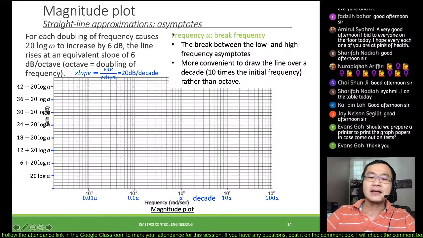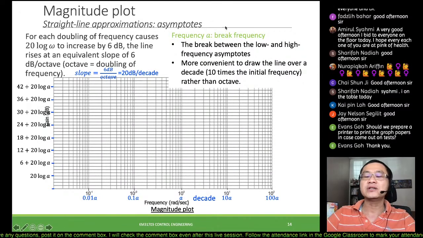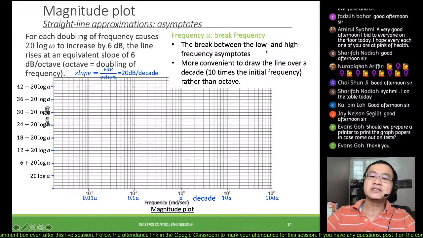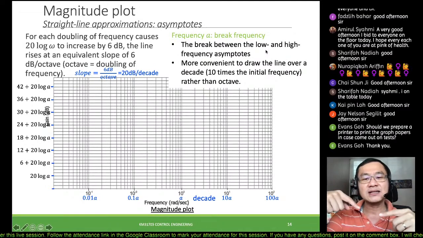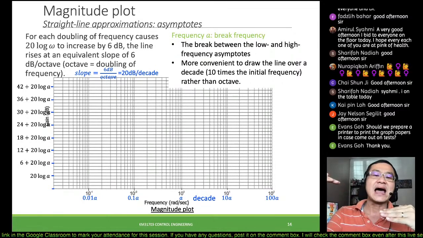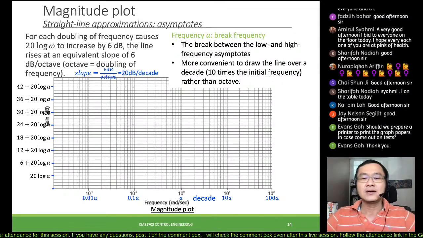And then we have these terms called a. Remember, we are plotting for s plus a, and that a value we call a break frequency. The break frequency is the frequency between the so-called low and the high frequency asymptote, where they meet together.